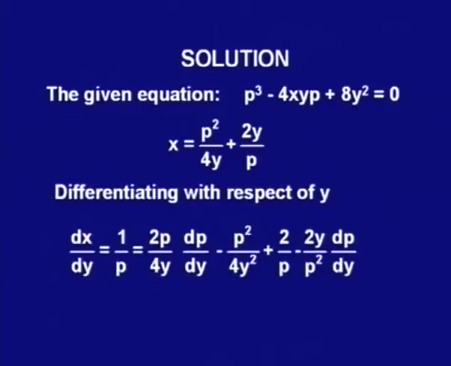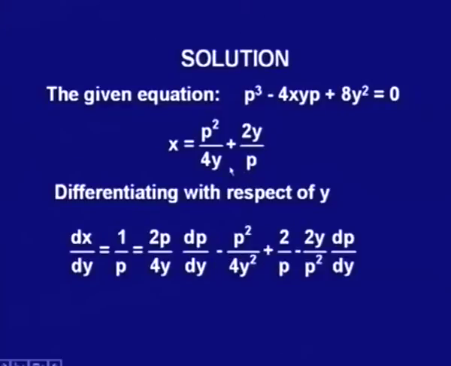What we are getting is dx over dy, which we could write as 1 upon p. The derivative of p square upon 4y with respect to y is 2p upon 4y dp over dy minus p square as such, with the derivative of y being 1 upon 4y square, with the minus sign.